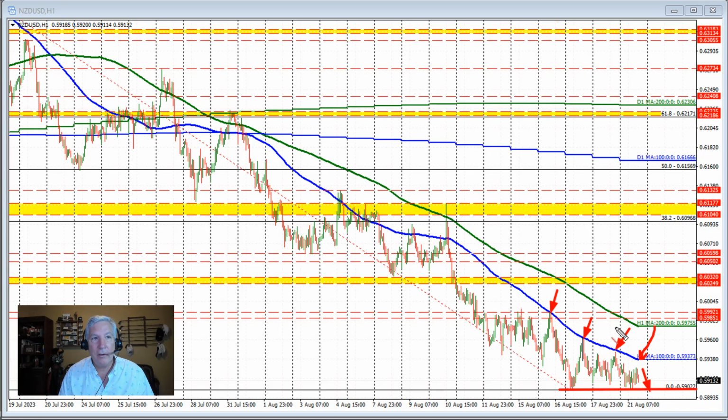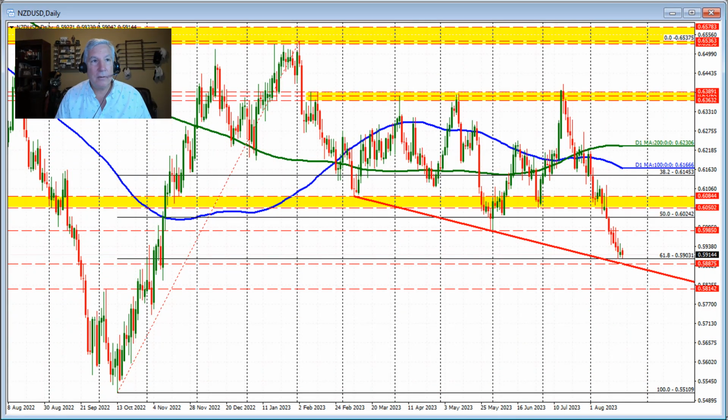If we break above the 100, like the other currency pairs, I would look for the 200-hour moving average at 0.5975. We moved above it not last week, but the week before, similar to what the Aussie versus US dollar did, and then failed and moved to the downside. So we need to get above that 200-hour moving average to increase the bullish bias. Let's take a look at the daily chart. And like the Aussie versus US dollar, there is a trend line cutting across.